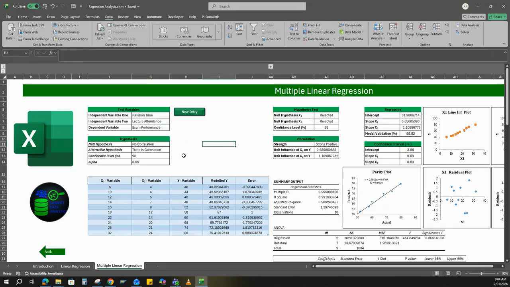So exam performance of students is dependent upon revision time and lecture attendance.